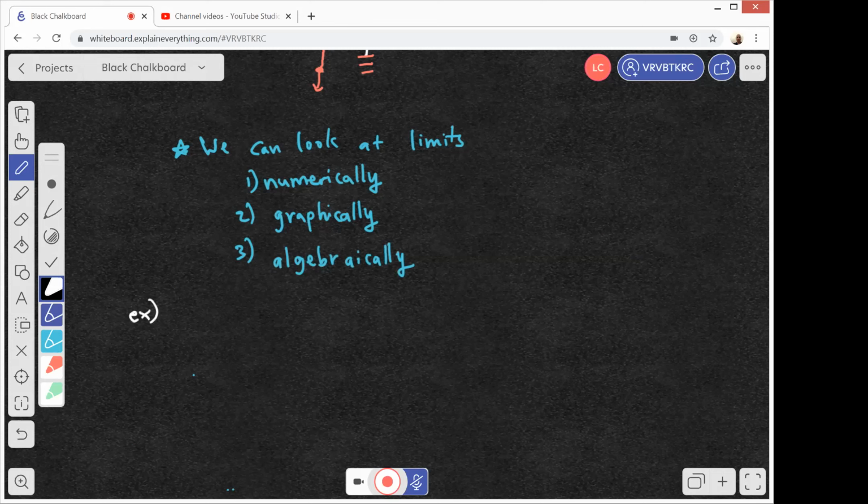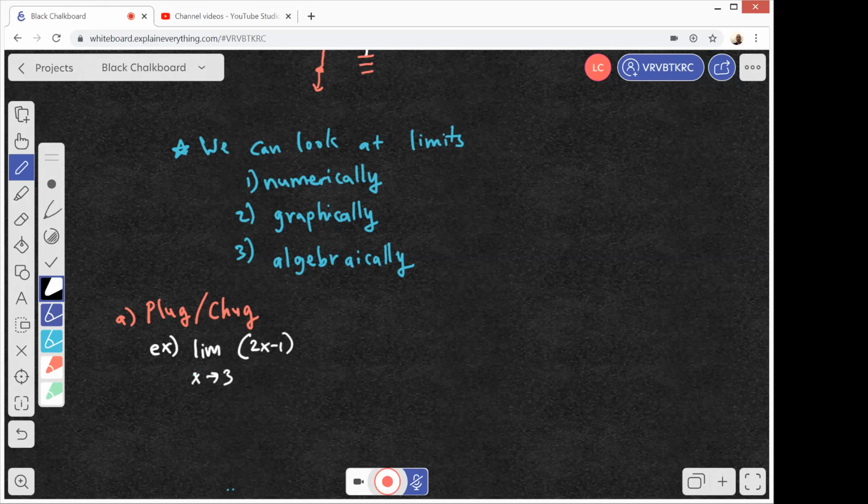Before we get to this example, let's call what this is. This first method that I'm going to show you is called plug and chug. So in this example, you have the limit of 2x minus 1 as x approaches 3.